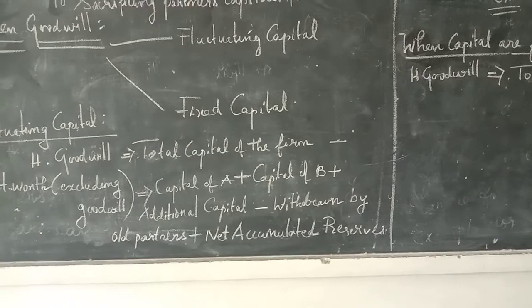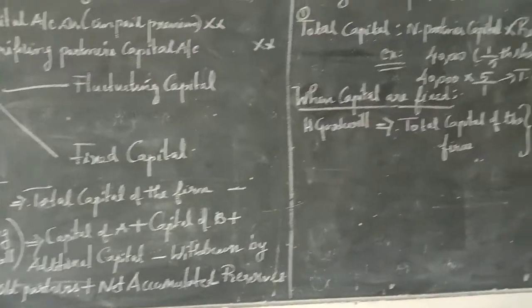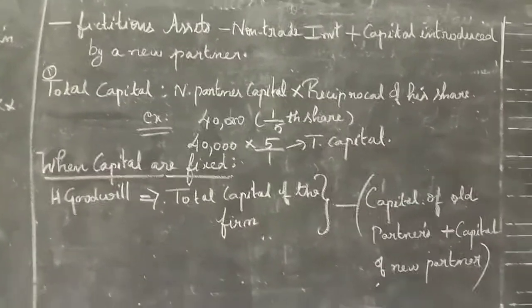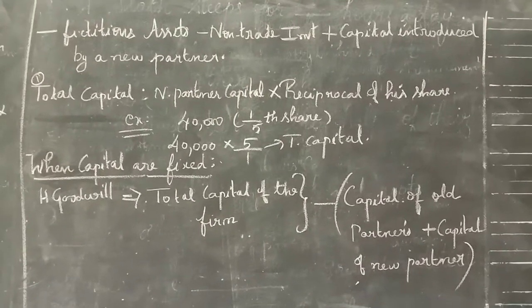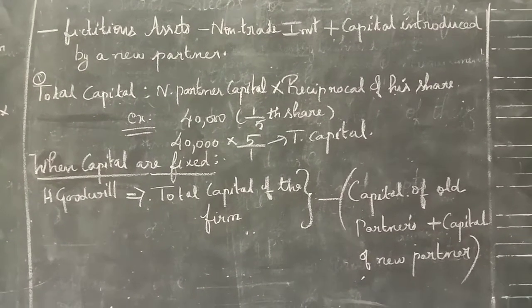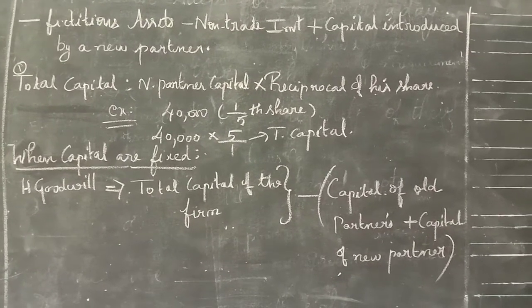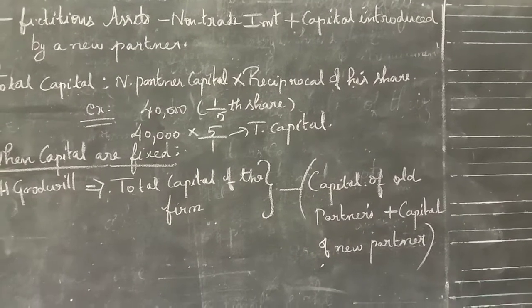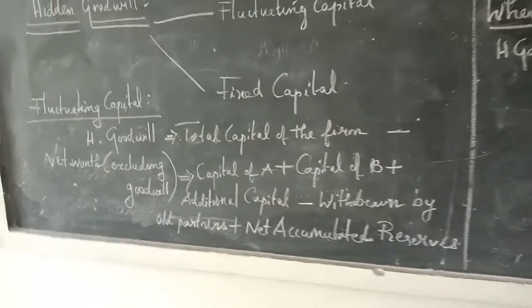We already know which items come under accumulated reserves. We have to subtract the fictitious assets, which we also already know, and subtract the non-trade investment. And we have to add the capital introduced by the new partner. In this way we find the net worth.